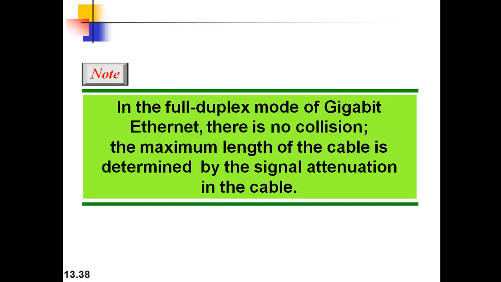Here, in case of gigabit Ethernet, if these devices are able to communicate in full duplex mode, in that case we are not at all getting any kind of collision. Here the maximum length of the cable is completely determined by the attenuation of the signal.